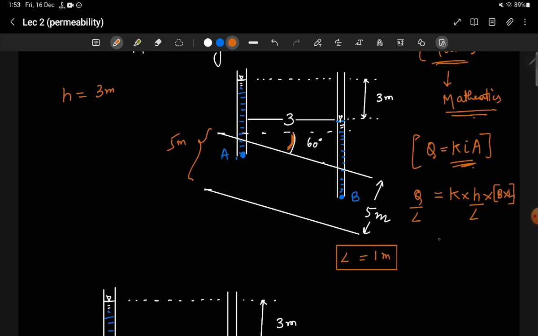So the discharge in meter cube per day per meter can be calculated by K times H, which is 3.